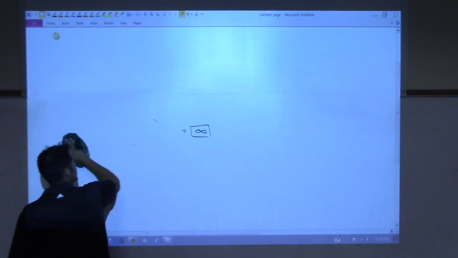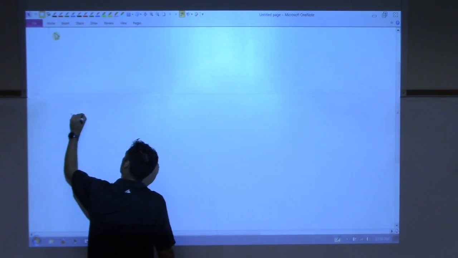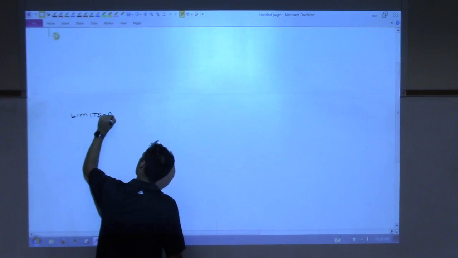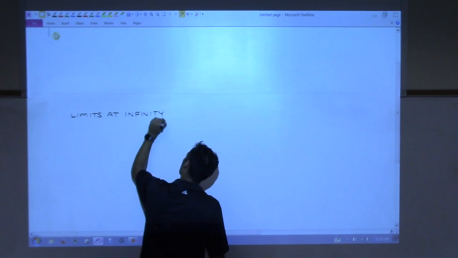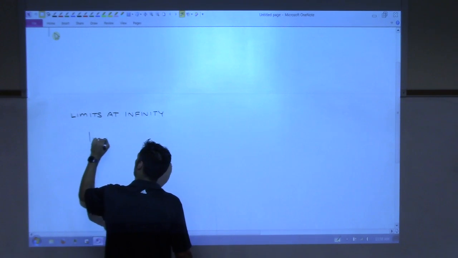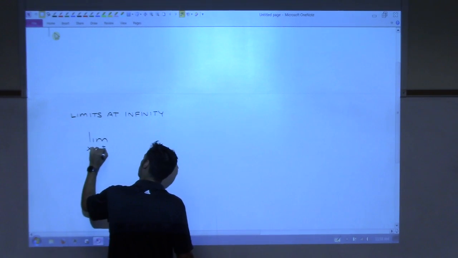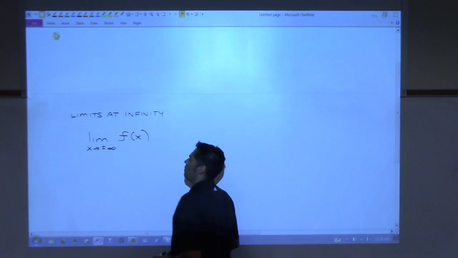Now we're going to do limits at infinity. And this is where we have something like what I said earlier. We're going to let the x approach positive or negative infinity, and then here we're going to have a function.